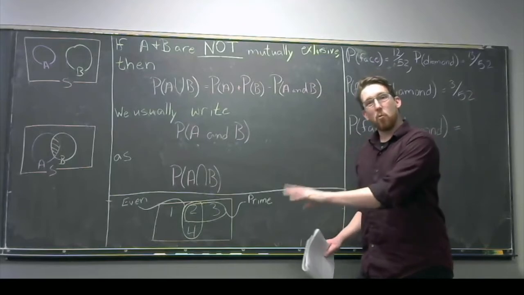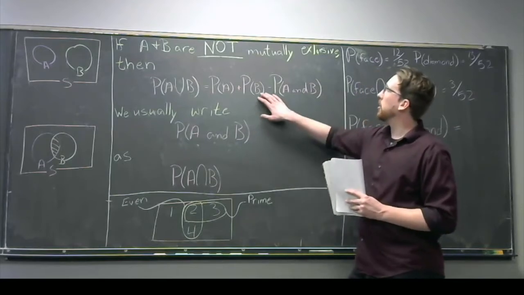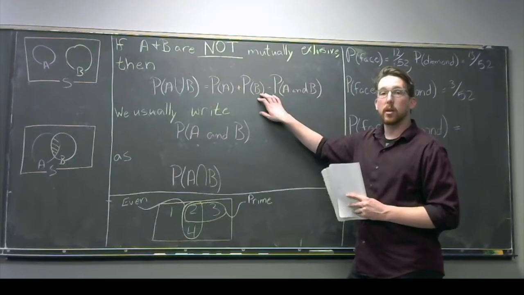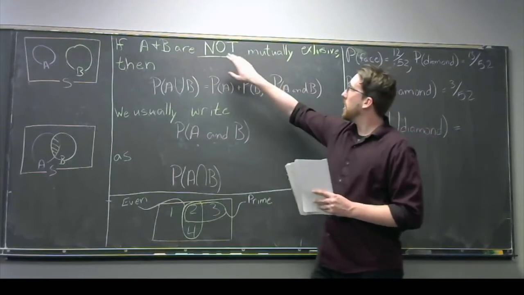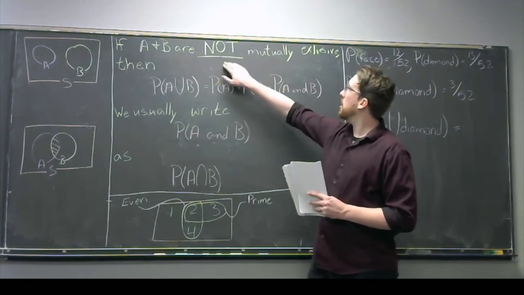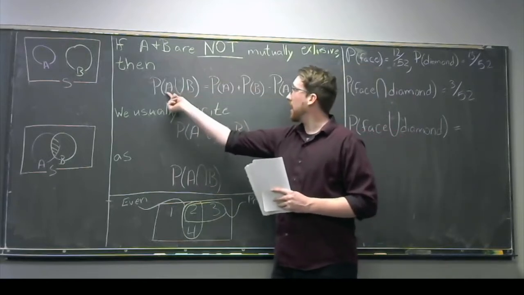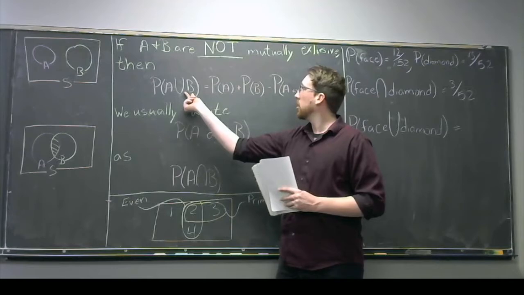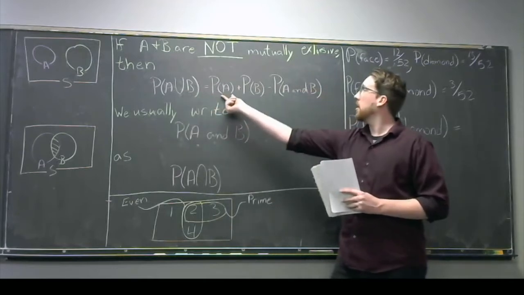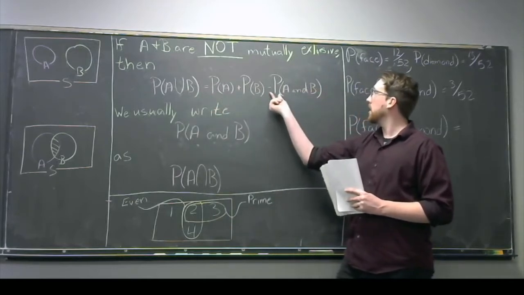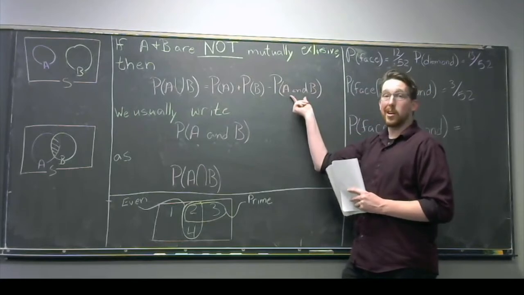And in that same way, we're going to do something very similar with probabilities. In the event that A and B are not mutually exclusive, the probability of A or B would be the probability of A plus the probability of B minus the probability of their intersection.